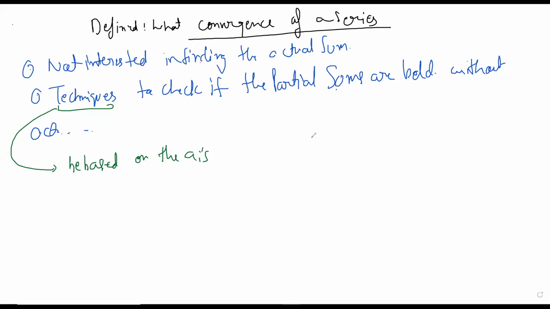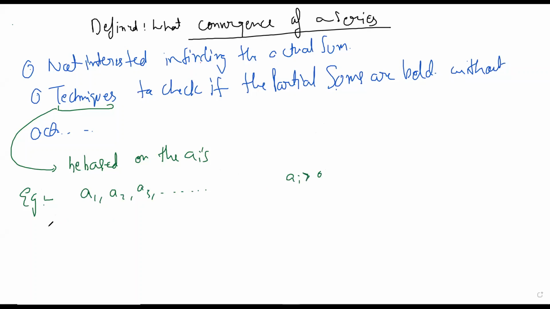So for example, let's say that you have an abstract series. Let's first start with the sequence itself: A1, A2, A3, and so on, and each Ai is positive.